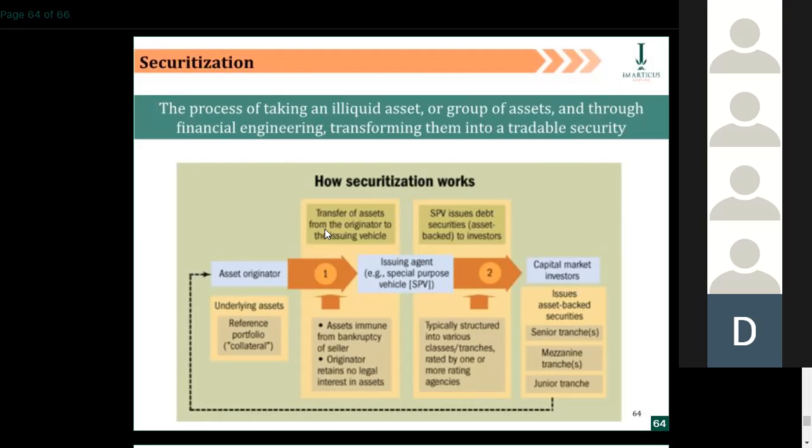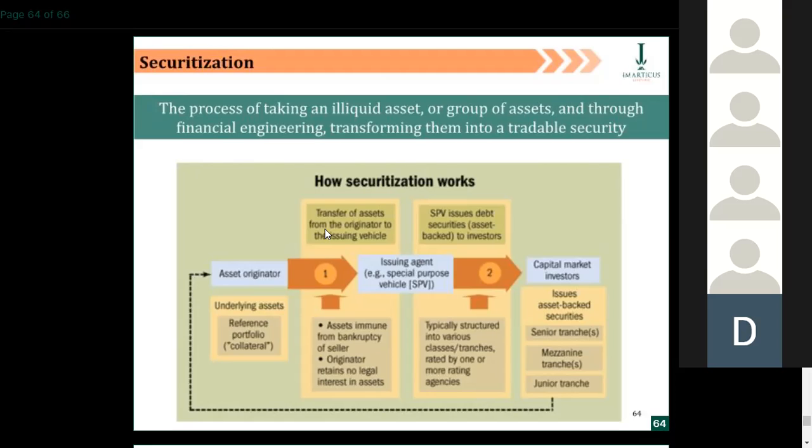This special purpose vehicle sits in an investment bank, or your underwriter, like in the IPO we discussed, where there is also an underwriter, and an underwriter is an investment bank. This investment bank will pool all those loans which a commercial bank has got, and a special purpose vehicle is made for a special purpose.